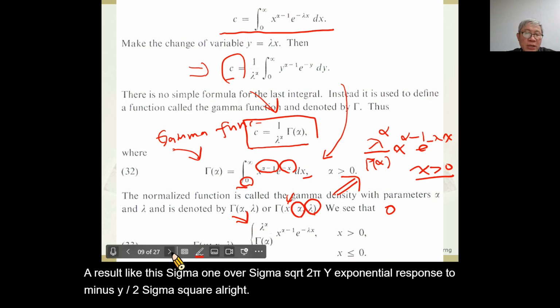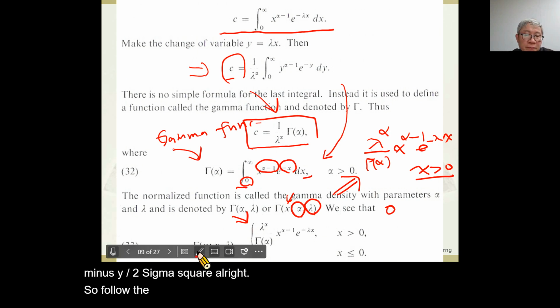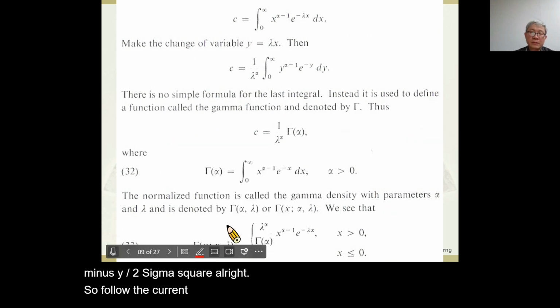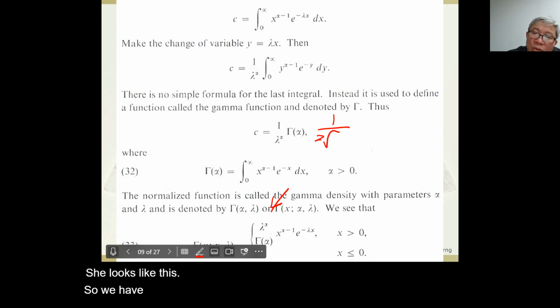So follow the current form. It looks like this. Look at this again.